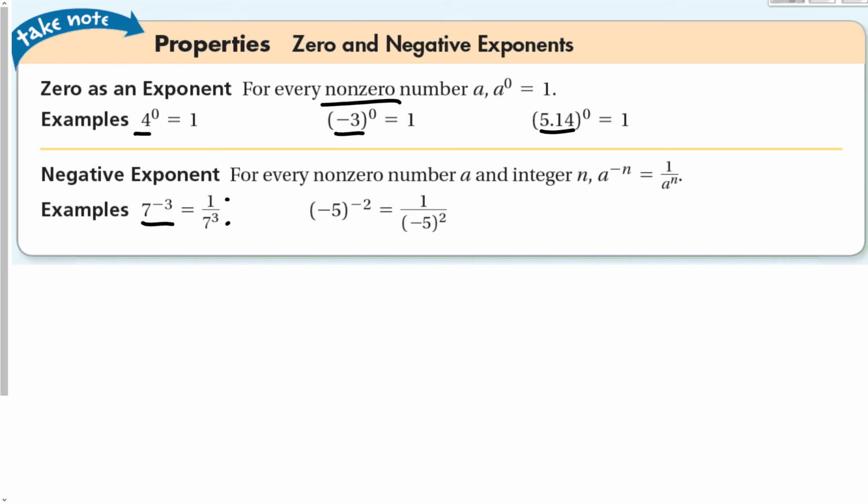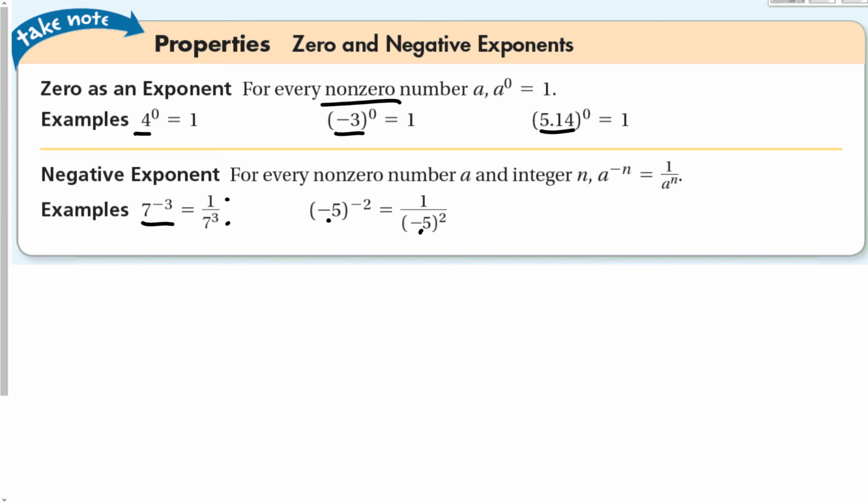So we change the exponents from negative to positive in order to evaluate them. And the way we do that is we move it from the numerator to the denominator, or vice versa, from the denominator to the numerator. And that changes the sign of the exponent. It does not change the sign of the number, still negative 5, except now it's raised to a positive 2 when you move it to the denominator of a fraction.